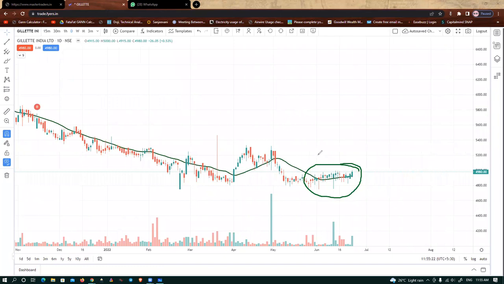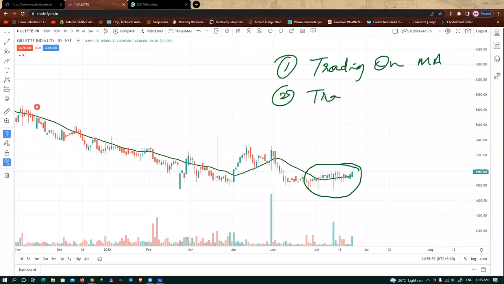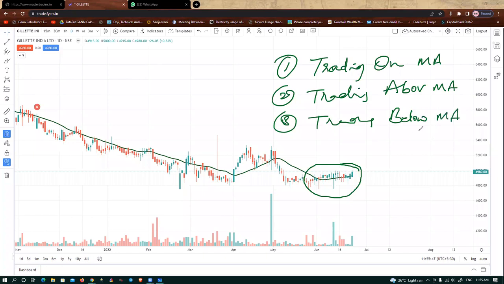See, there are three things. Trading on the moving average, trading above the moving average, trading below the moving average. If it is below, it is weak.